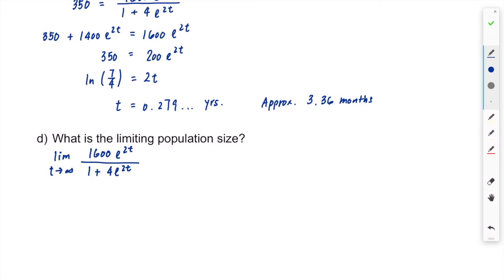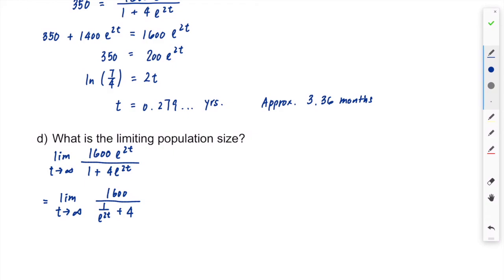So let's imagine this. Right now, if I look at e to the power of 2t, it doesn't converge, right? Because it's a growth, and then at the bottom is the same thing. But what if I divide every single term by that? So if I divide 1600 e to the 2t by e to the 2t, I get 1600. And then 1 is now 1 over e to the 2t at the bottom, and then here plus 4, something like that, right?